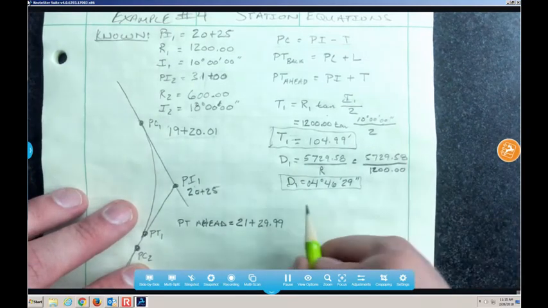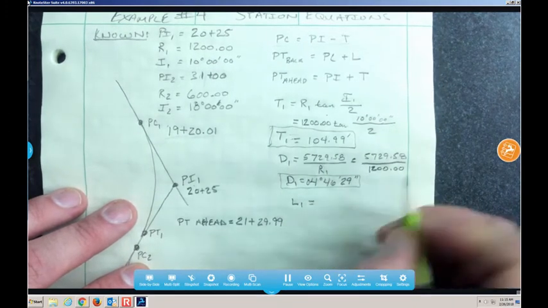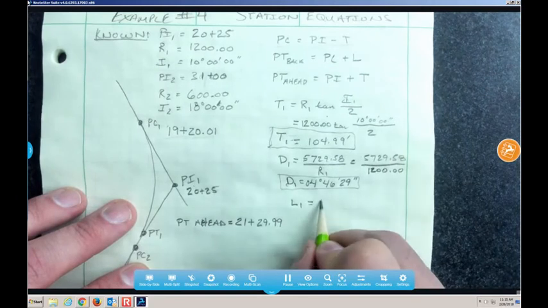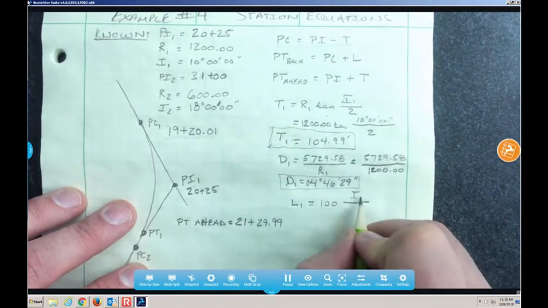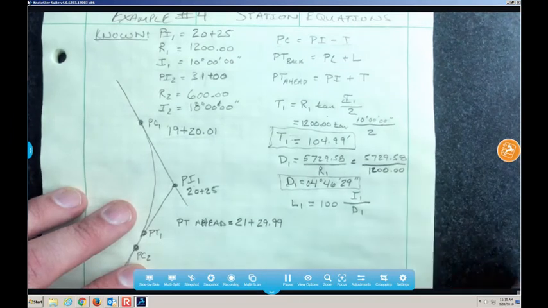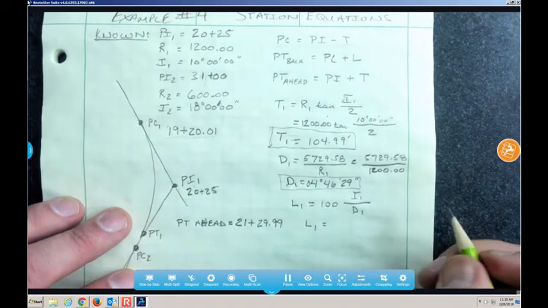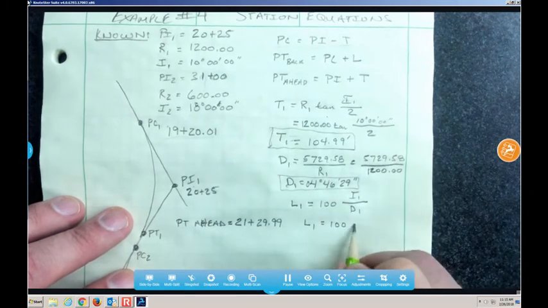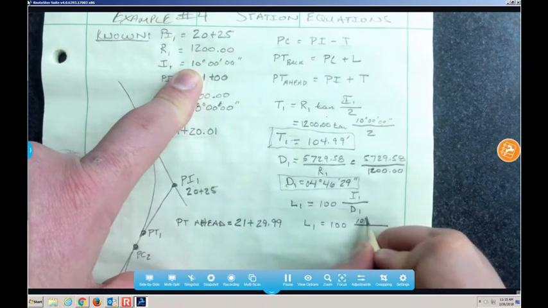Alright, so now we can figure out L. L1 equals 100 I1 over D1. So L1 equals what? I is 10.